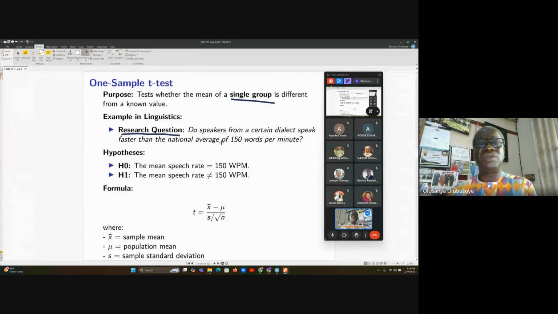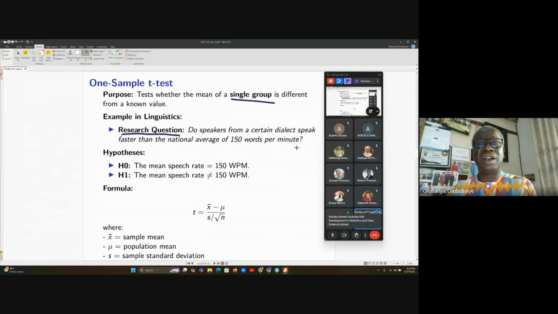So we are testing whether speakers from a certain dialect, Yoruba, Igbo, or Hausa, as the case may be, speak faster than the national average of 150 words per minute.